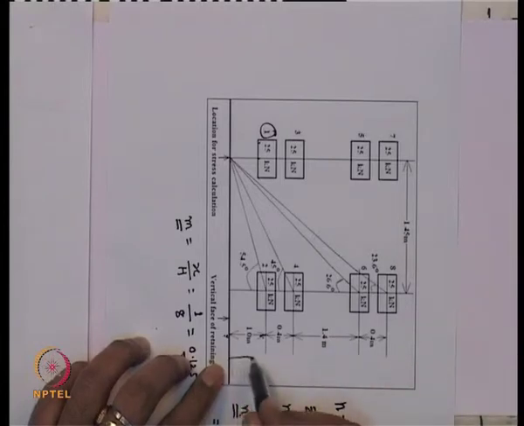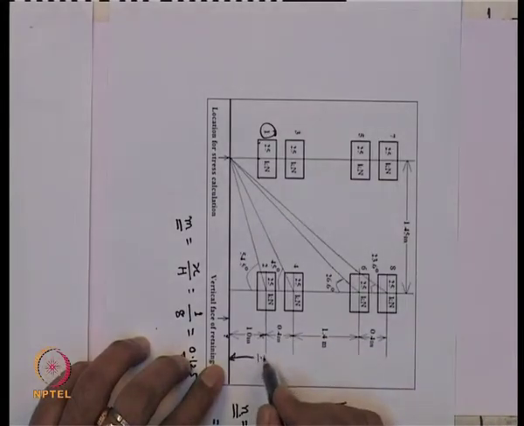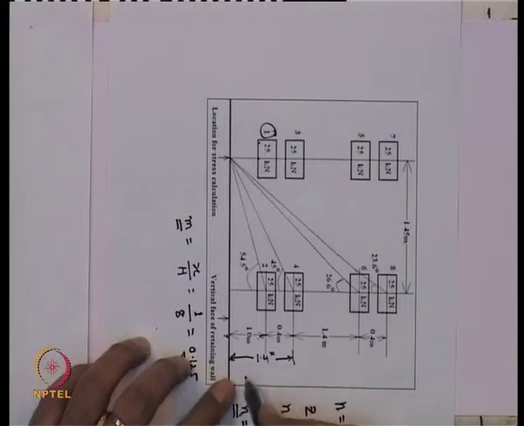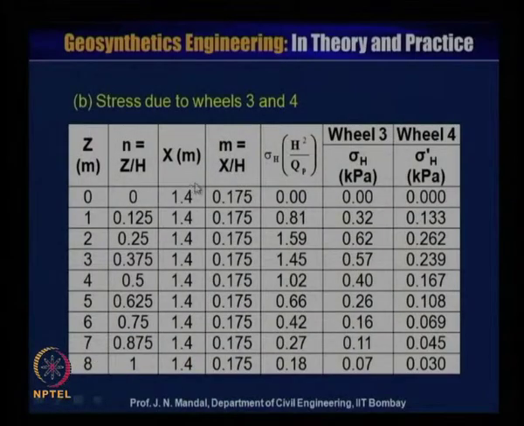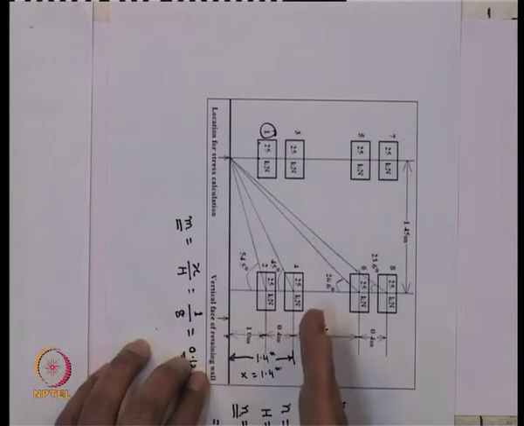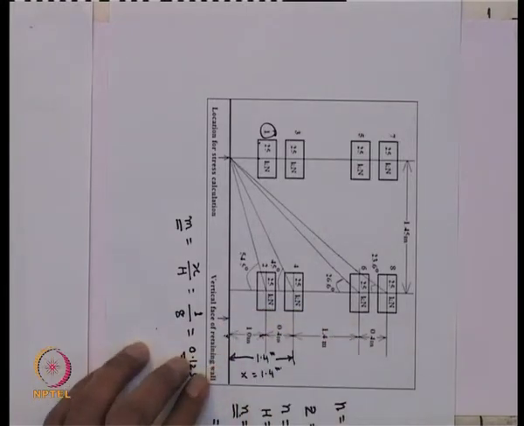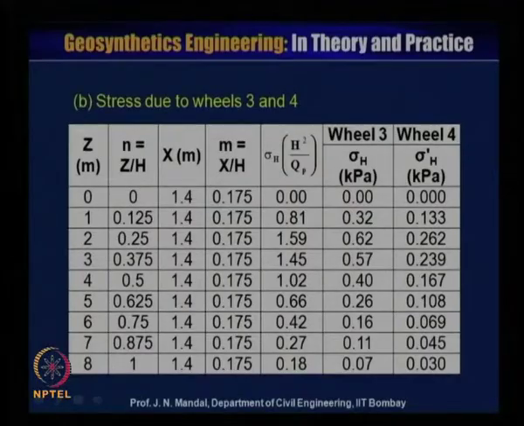So wheel load 3 and 4 is located at a distance of 1.4 meter. That means x is equal to 1.4 meter. Either wheel 3 or 4, both are located 1.4 meter from the vertical face of the retaining wall. That's why x is equal to 1.4 meter.